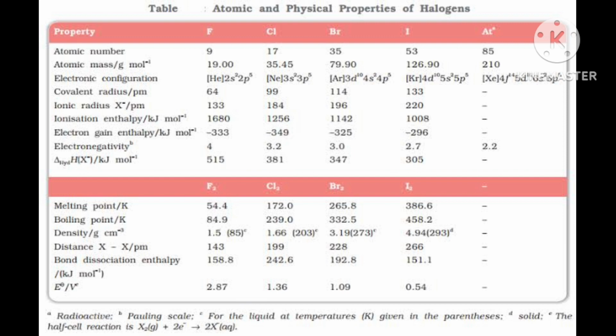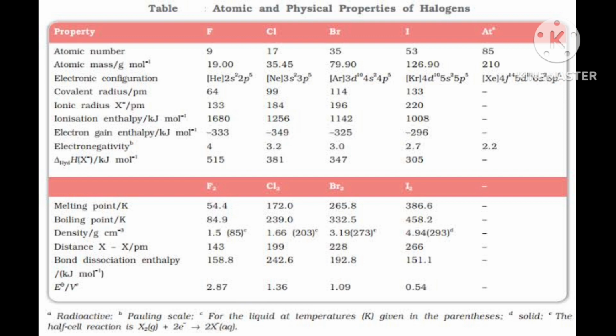If another electron comes, then what will happen? The incoming electron does not experience much attraction because repulsion is already there. That's why I have told you that their value will be negative.